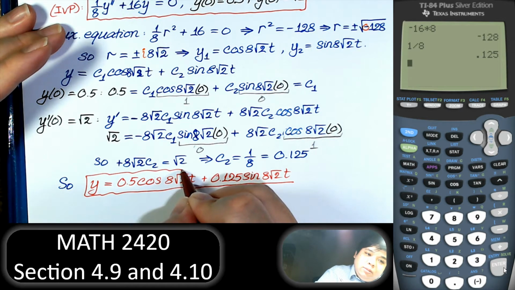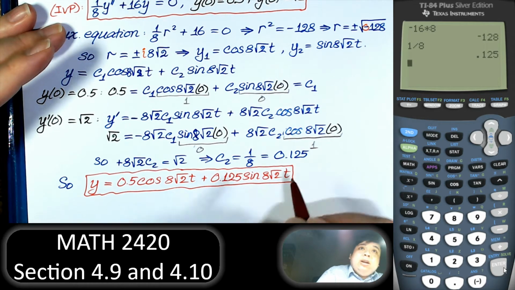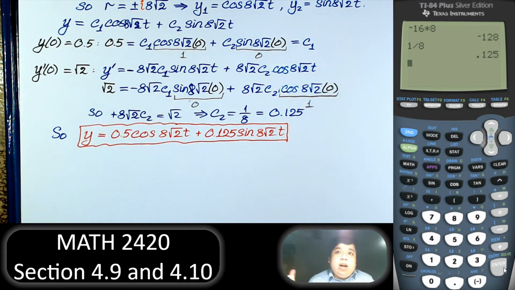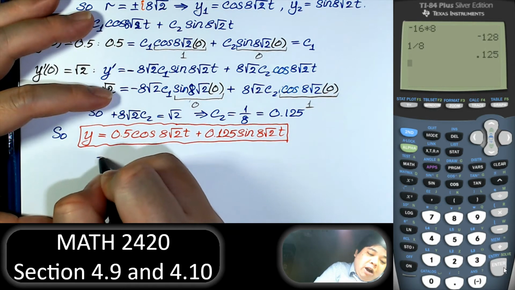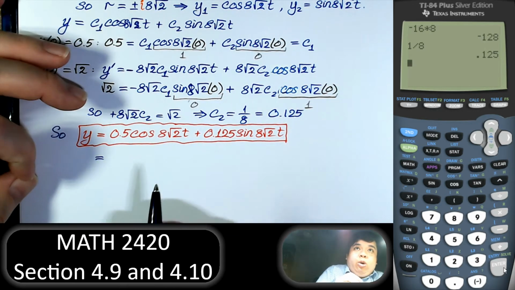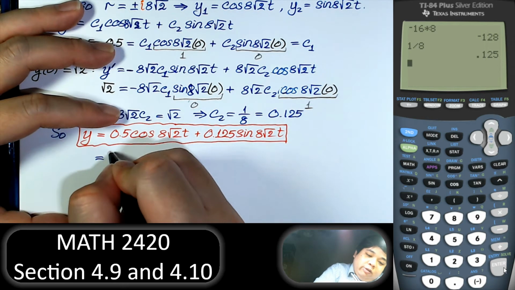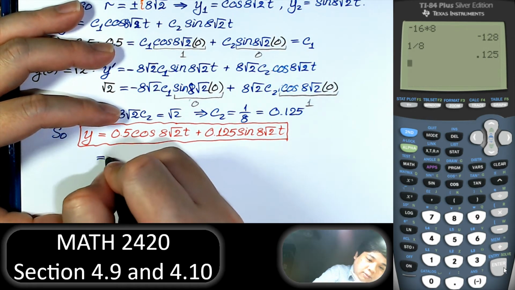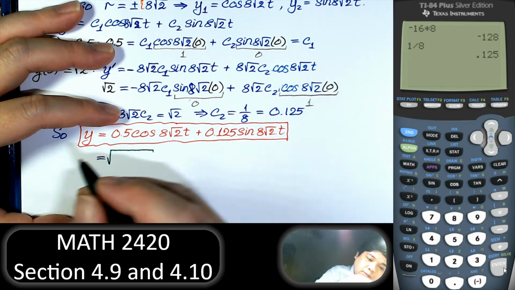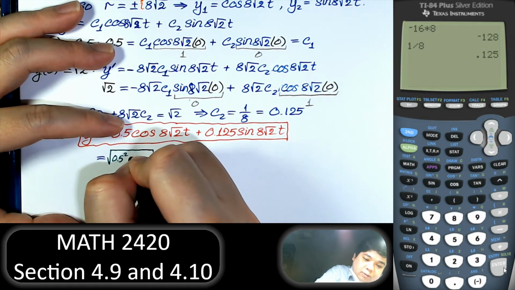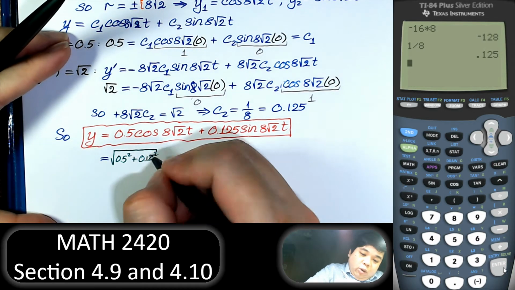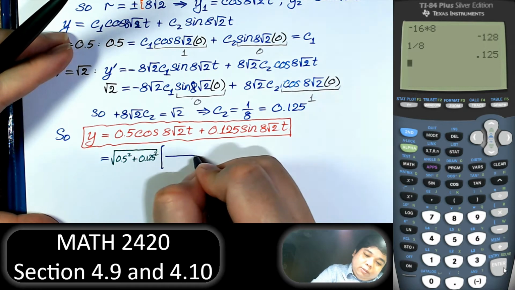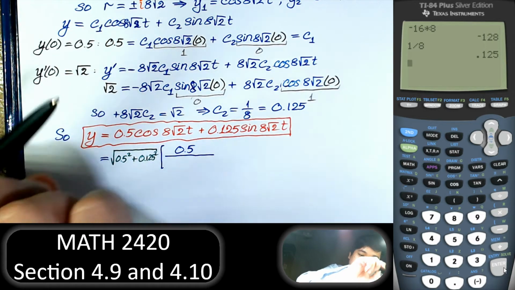Now what we do is just like what we did earlier. We try to combine this into one function of sine. So in that case, if we want to, we multiply and divide by square root of 0.5 squared plus 0.125 squared. So first we multiply. And when we do that, we have to divide.